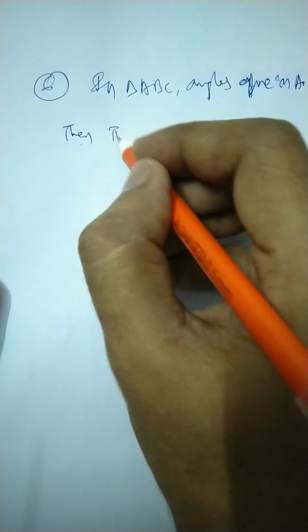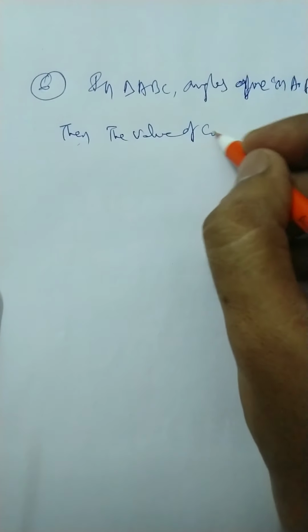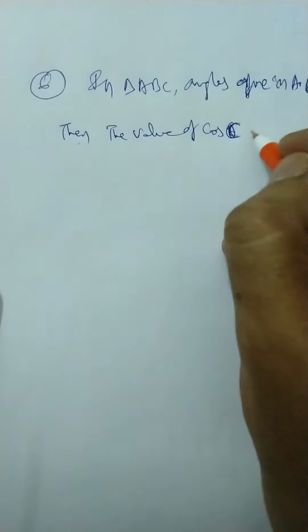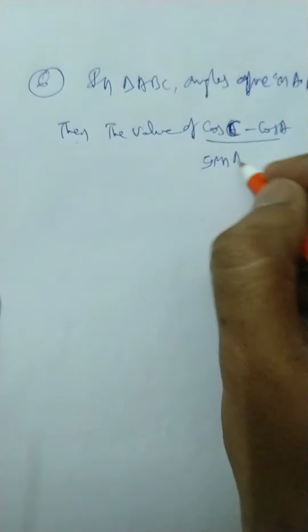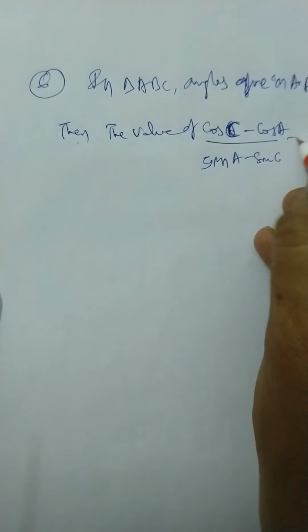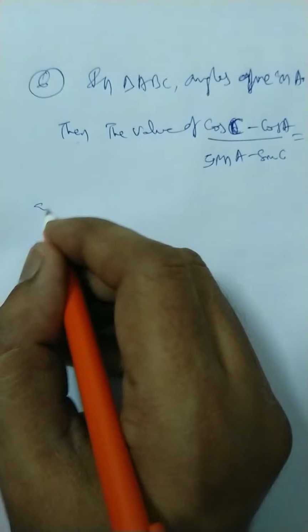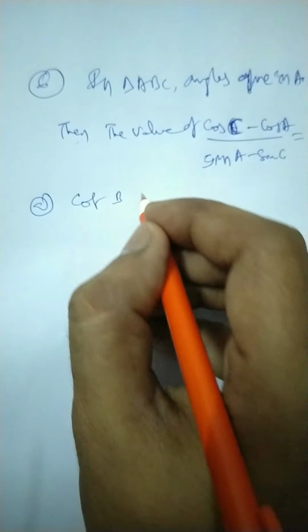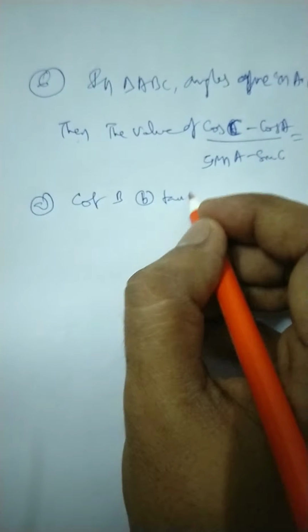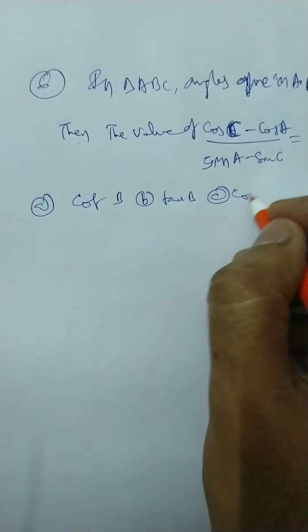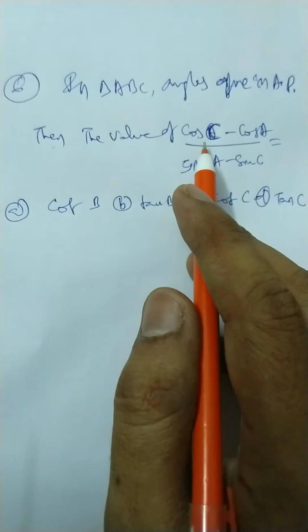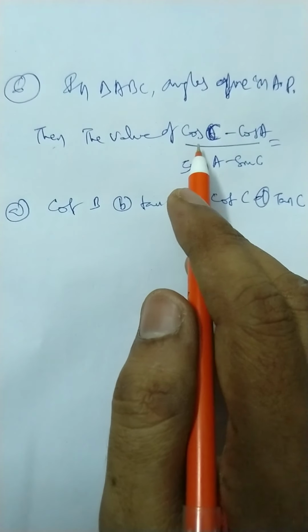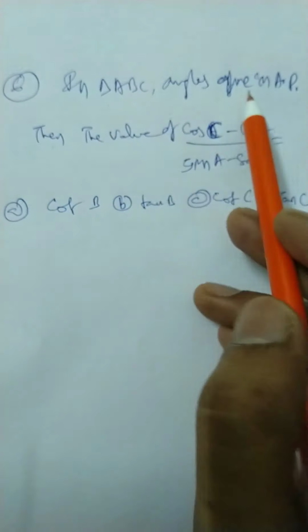Then the value of (cos C minus cos A) by (sin A minus sin C) is equal to: the options are cot B, tan B, cot C, tan C. To attempt this problem, one should have a good idea regarding the triangle and the information that the angles are in arithmetic progression.